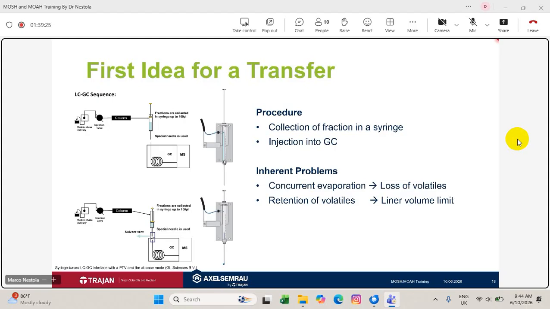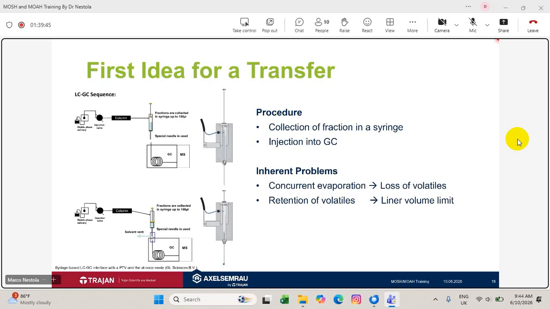On the other hand, when you are injecting smaller volumes, like only 100 microliters, when the liner is big enough for that, you can just do a so-called rapid at-once injection. So you are injecting everything into the liner. The liner is big enough for 100 microliters.